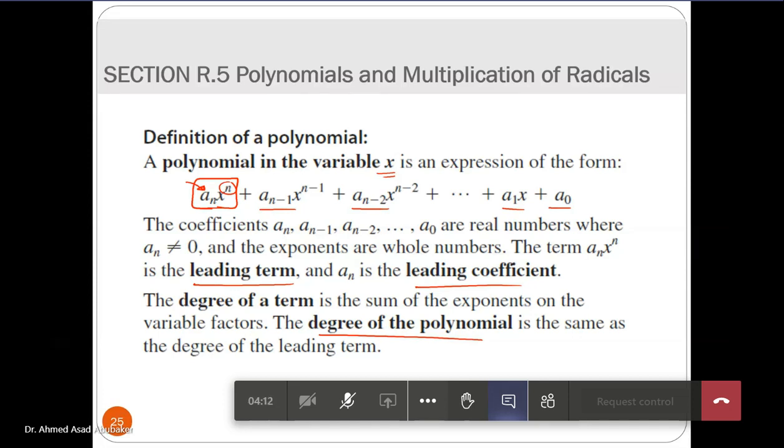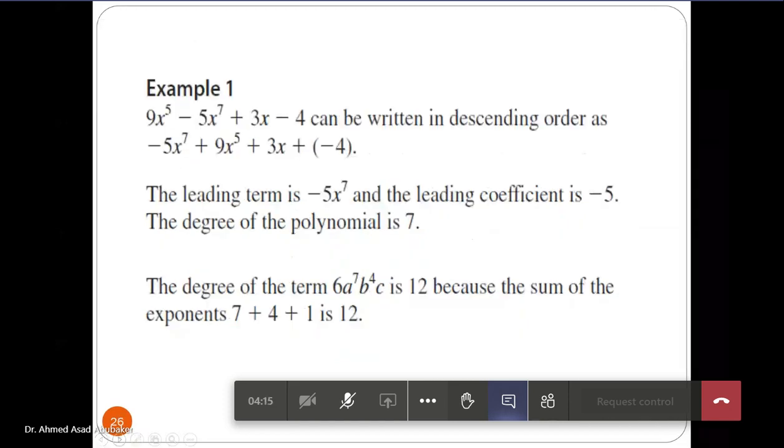Okay, for example, look at this. We have this polynomial. The first term is not the leading term. The leading term must have the largest exponent, the highest power. So the leading term equals negative 5x to the power 7.